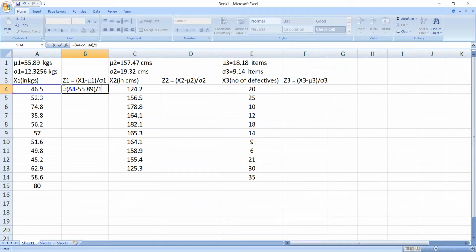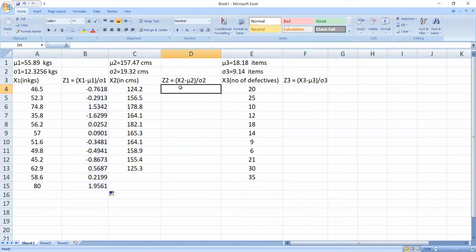The standard deviation is 12.3256. So you observe that your z values are minus 0.7, minus 0.2, 1.5, minus 1.60, etc.